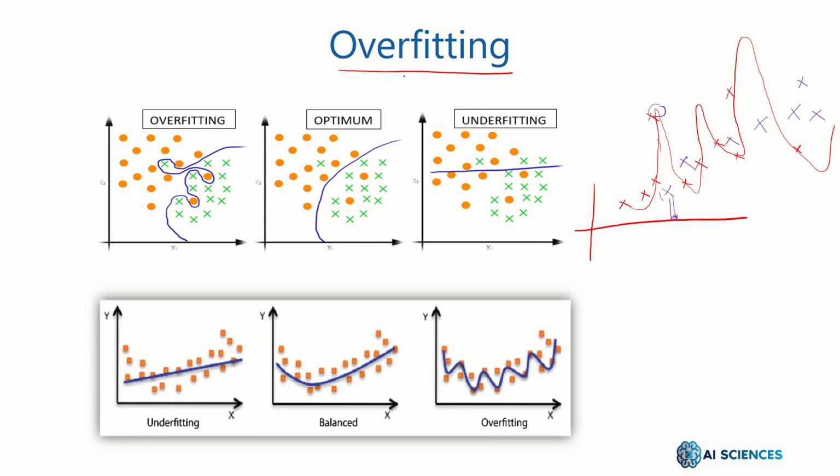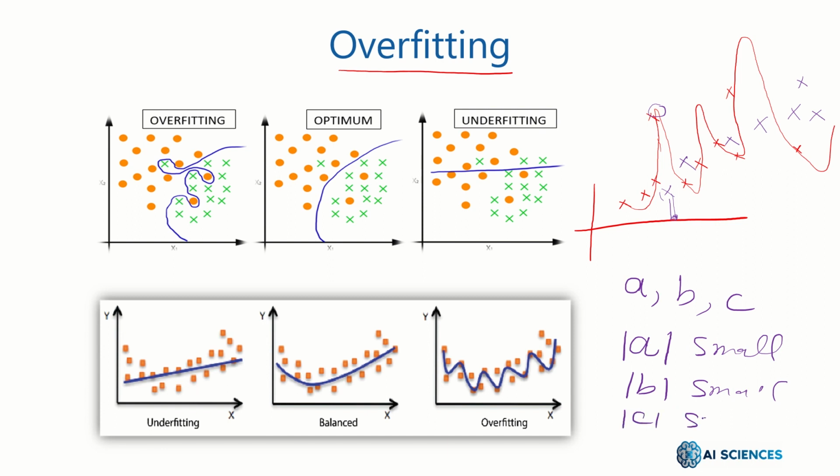And one way to avoid overfitting, as discussed in the last video, is to restrict the parameters of the model to small values. By small values, I mean, for example, if you have a particular model with parameters A, B, and C, then somehow restrict that the value of A should be small, the magnitude of B should be small, and the magnitude of C should be small.